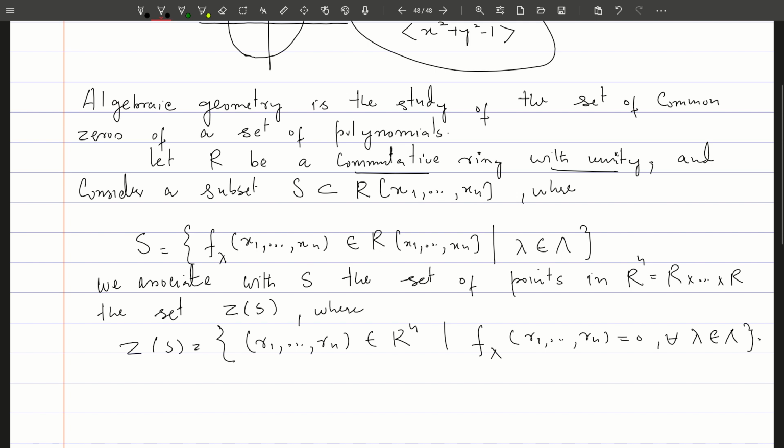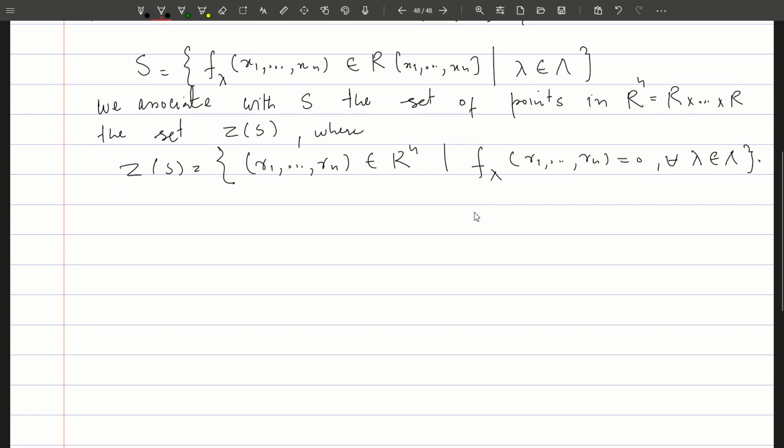So we have two objects here. We have the geometric side and we have the algebraic side. In the geometric side we consider the ring R^n, which is just the Cartesian product of n copies of R, and here we have the polynomial ring in n variables.